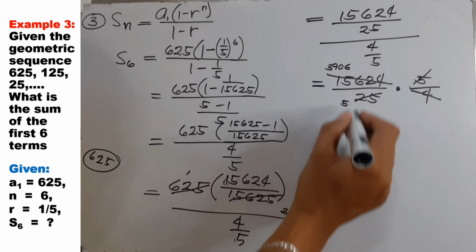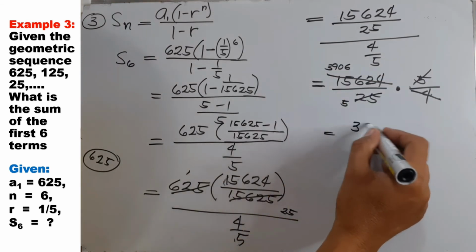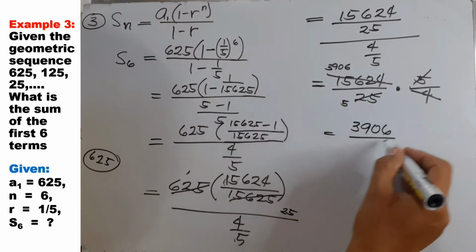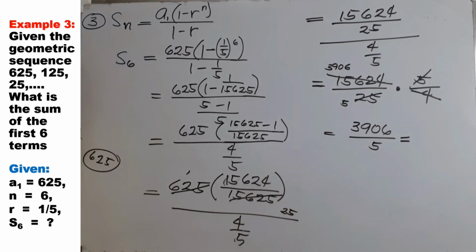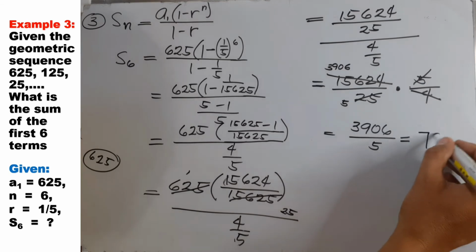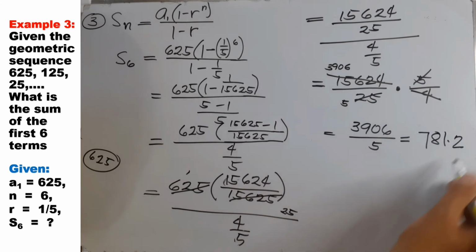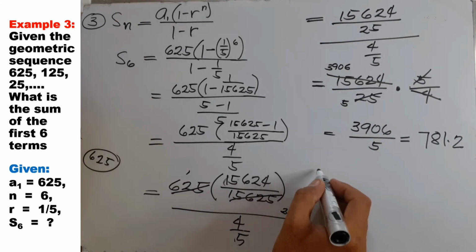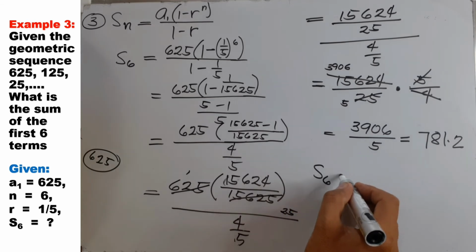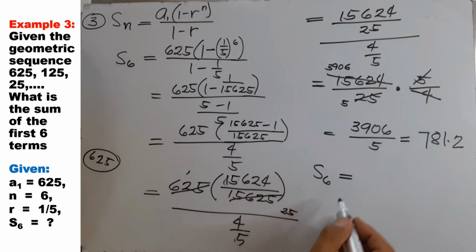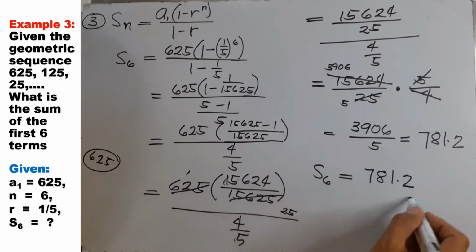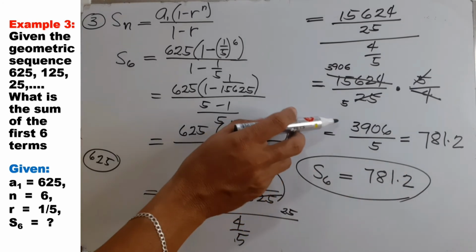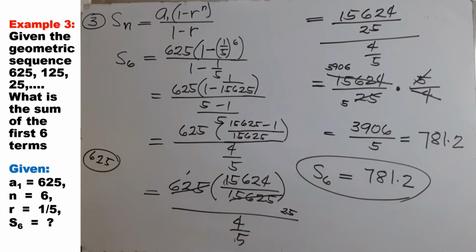So what remains is 3,906 all over 5. If we use the calculator to divide, it is equivalent to 781.2. So our S of 6 or sum of the 6 terms is equal to 781.2. In fraction form, it is 3,906 over 5.